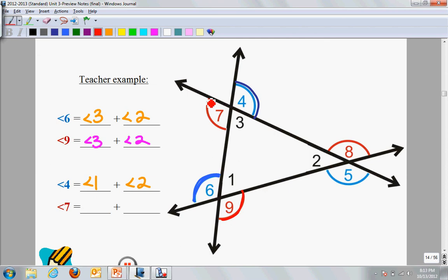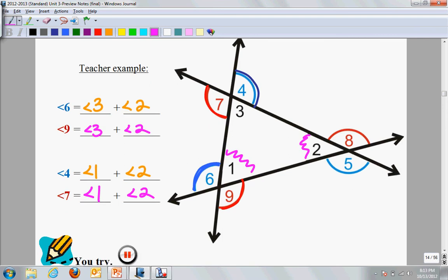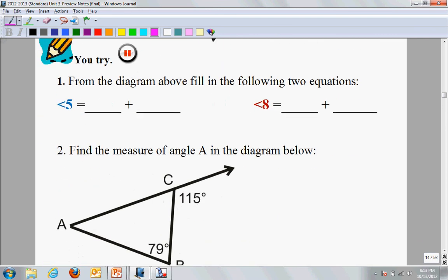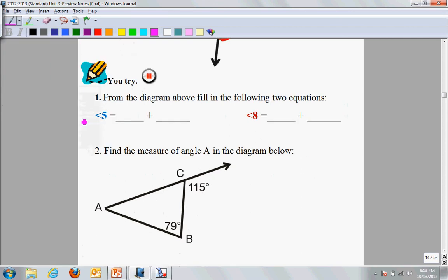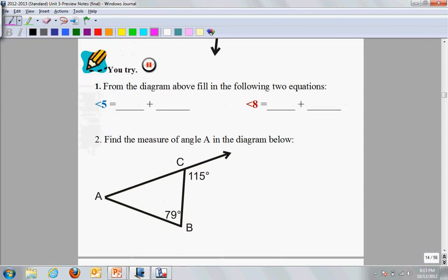Angle 7, remote interior angles, is going to be equal to angles 1 and 2 again, added together. What I'd like you to do now is for these two simple problems, hit pause, attempt these two problems on your own, then restart the video.